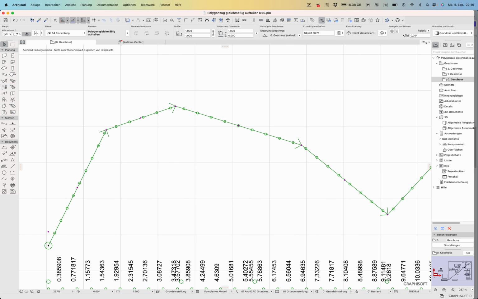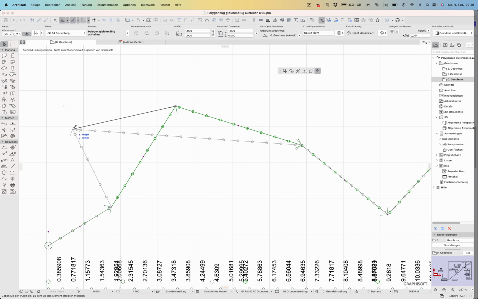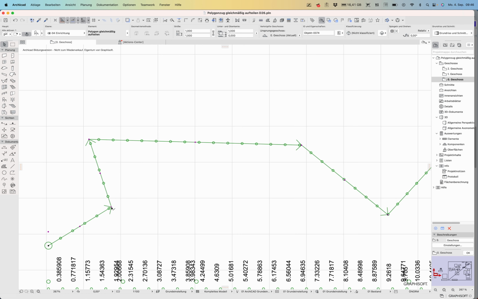You see, here is the distance that should divide the polygon wherever it is. You see how it does, and makes some special things.